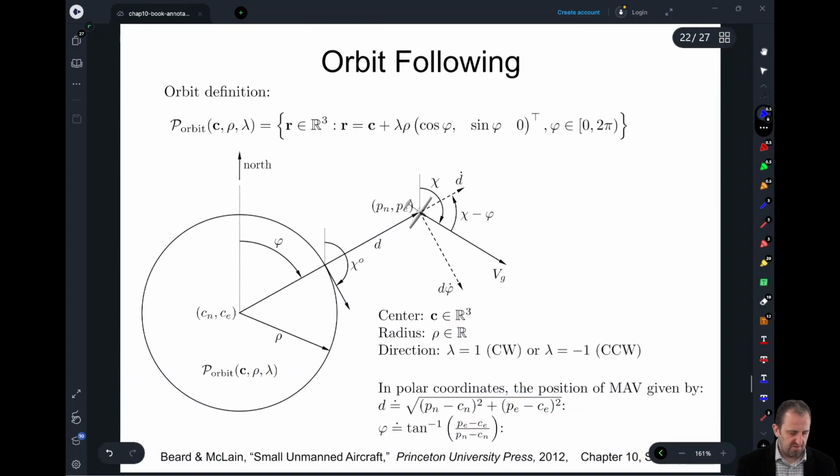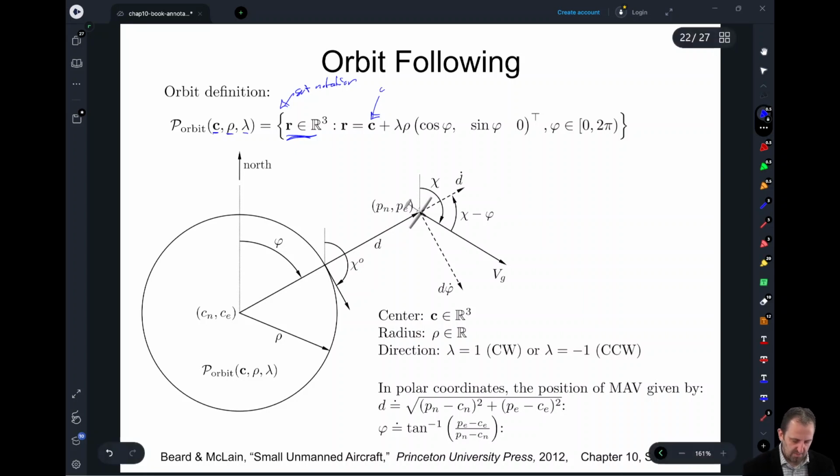So we'll first define the orbit or the circle itself, right? And the orbit, or this circle, is defined as all of the points. So again, this is using set notation. So we're going to have all of the points R in R3 such that we see that we're a function of C, rho, and lambda, right?